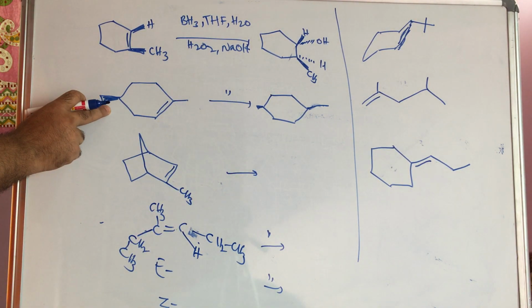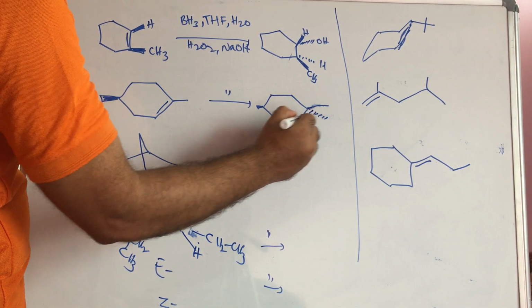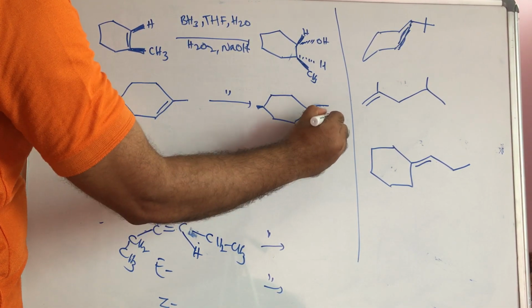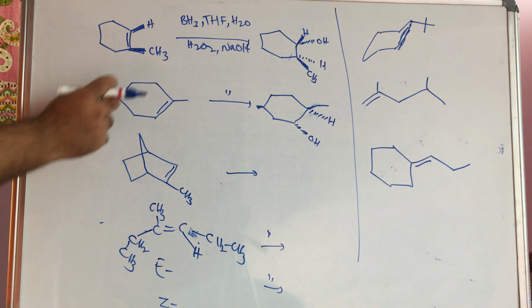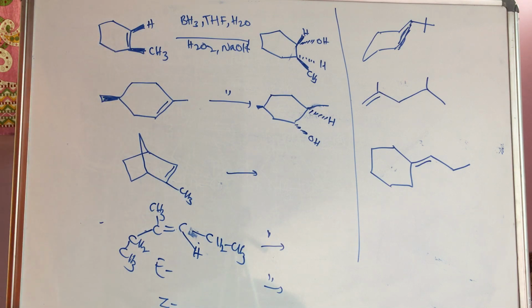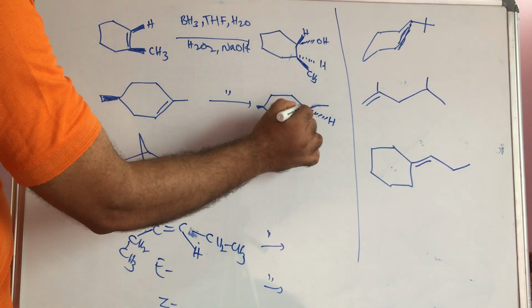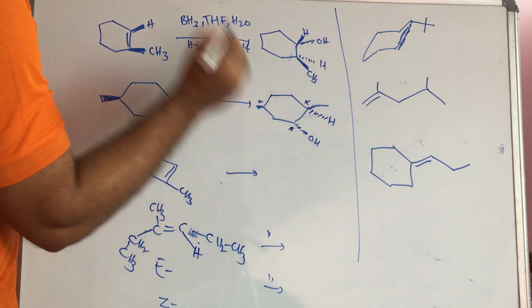And this is the front side, so the addition of hydrogen and this OH will be opposite, that is away from the observer. This is very important. Sometimes they may ask how many chiral carbons are present. This is one chiral carbon. This is one more chiral carbon. This is one more chiral carbon.